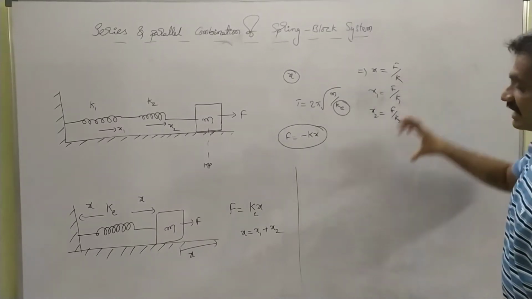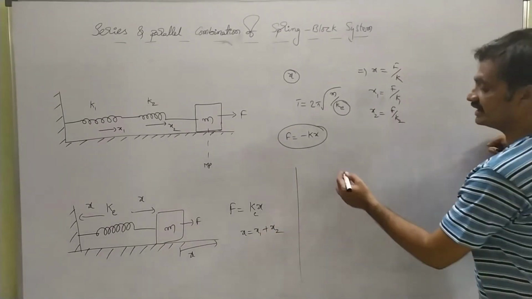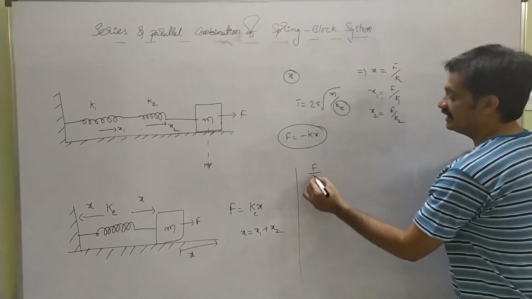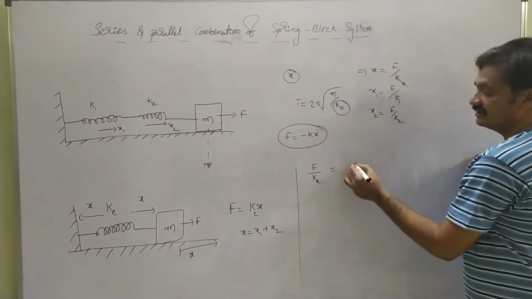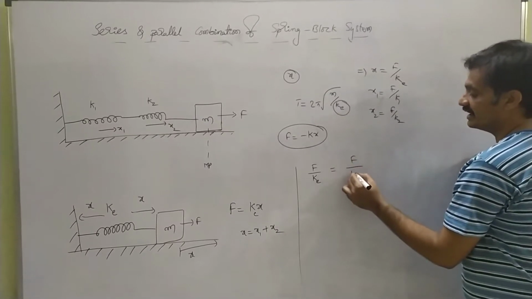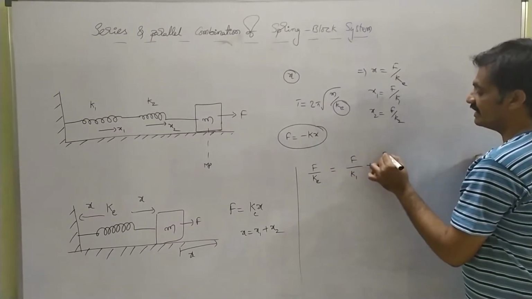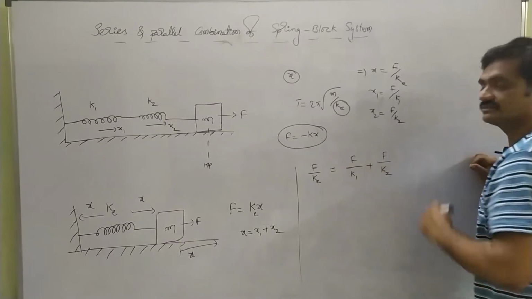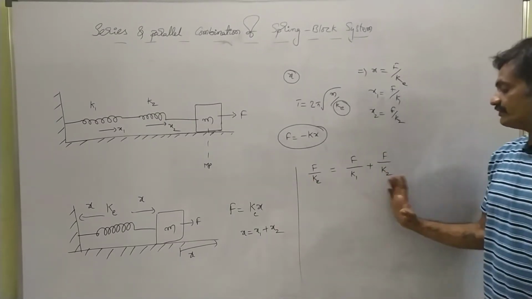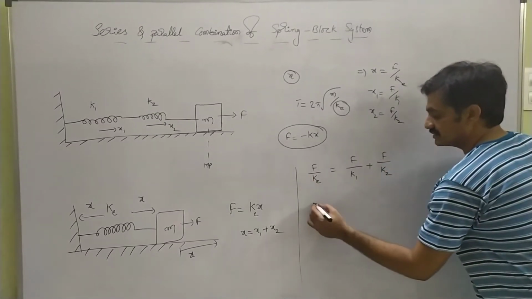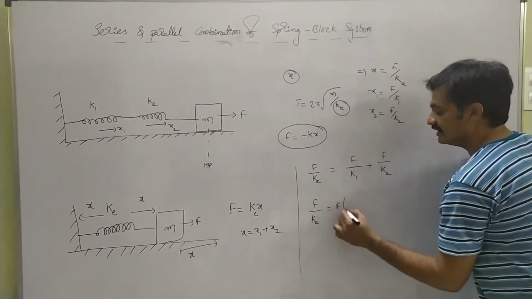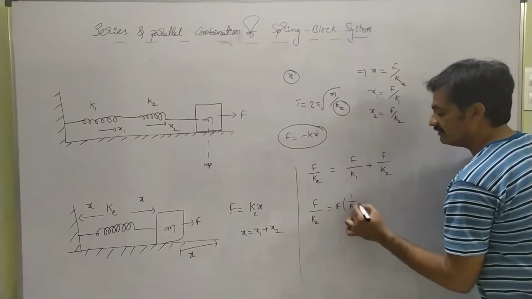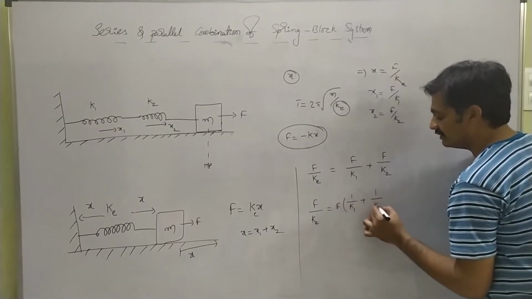As we substitute these values in this equation, here we get F by k suffix e equals F by k1 plus F by k2. Here we can take F as common from these two terms. So here we have F by k suffix e equals F into 1 by k1 plus 1 by k2.